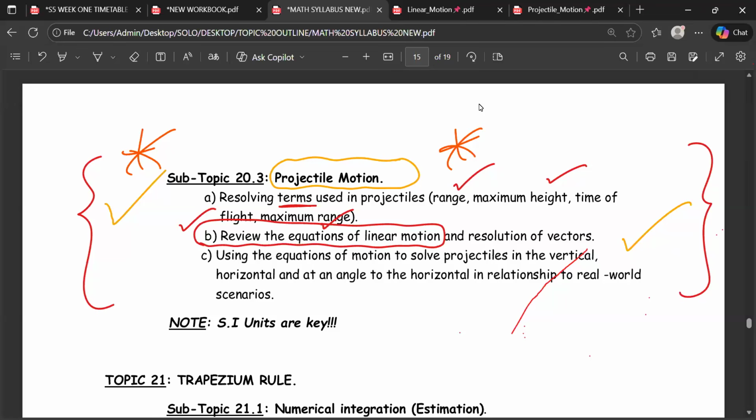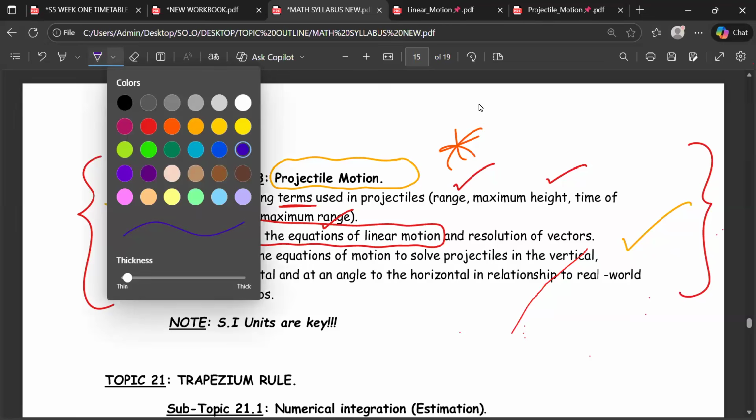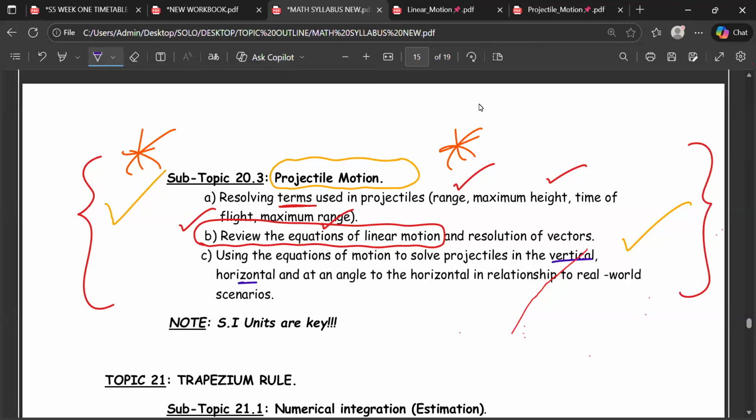So the very first thing we are going to cover today is going to be linear motion. And when you look at what the syllabus really wanted, it wanted projectiles in vertical and horizontal, but also at an angle. So literally for projectiles, before we cover them, you're going to allow me for today to cover linear motion only.